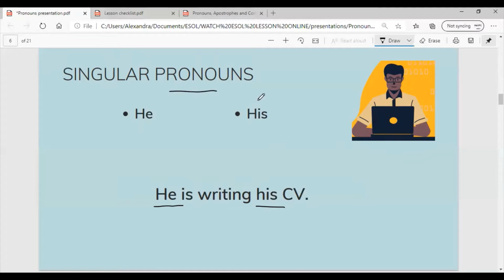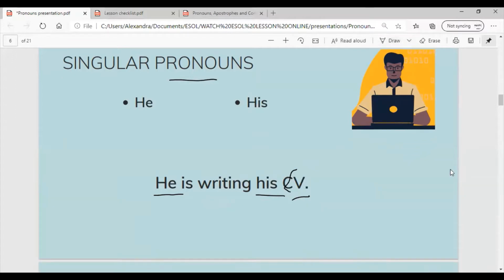And his tells us that the CV, the object, and the action relate together, and that they belong to him. It would be the same to say, he is writing his CV on his laptop. So his tells you it's about him and it belongs to him.